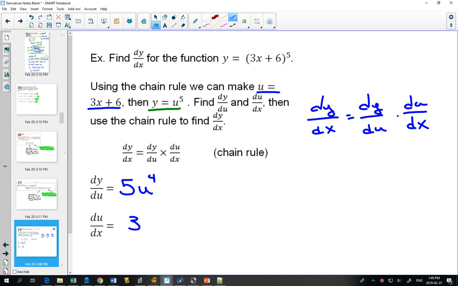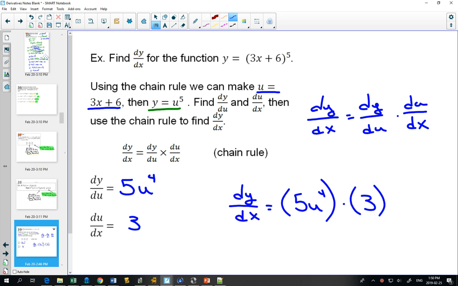3. So using our formula, we can now say that dy dx is equal to dy du, 5u to the 4, multiplied by du dx, which is 3.